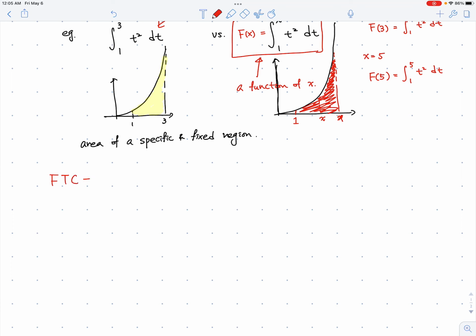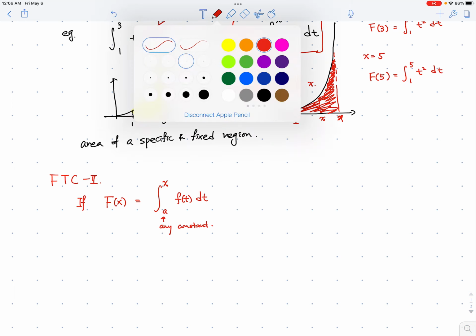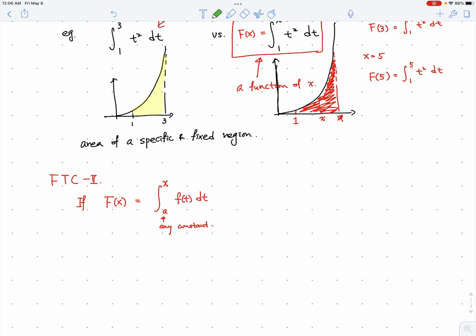Okay. So the second part of the fundamental theorem of calculus is saying this. If you have a function defined this way, it is an integral of a given function f from any constant a to x, okay? Notice that this x and this x are the same x.